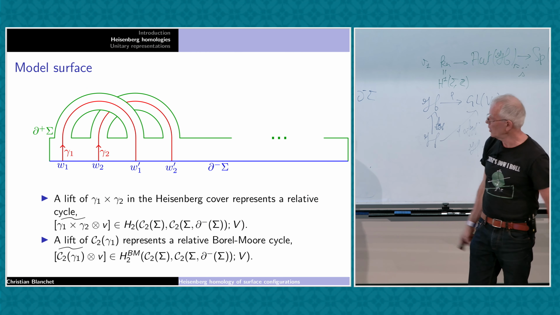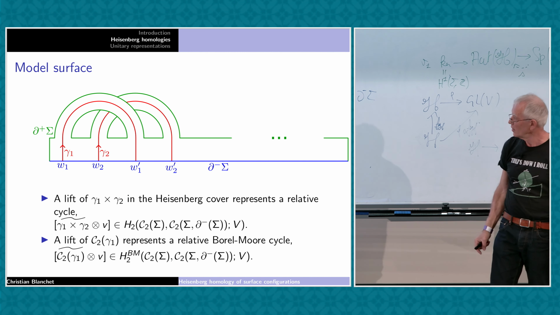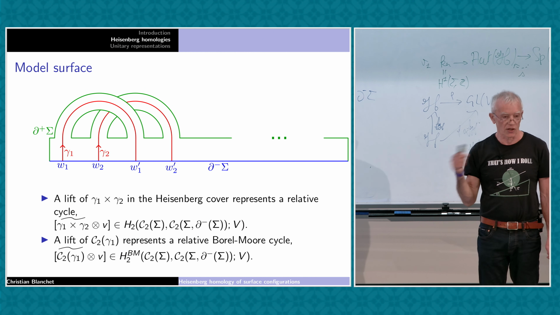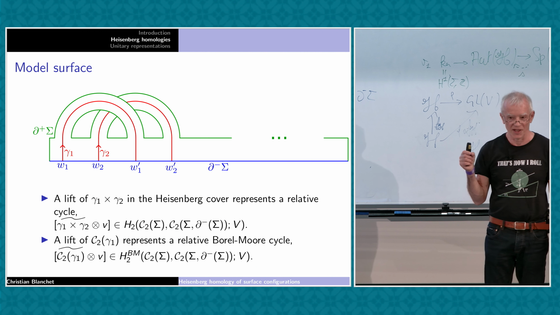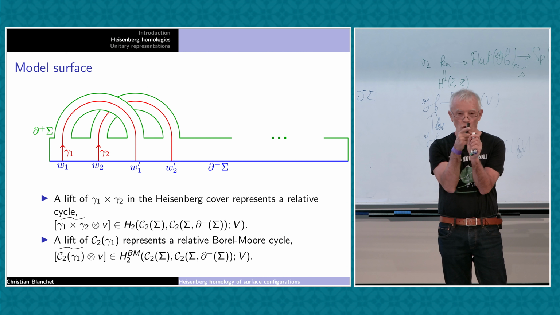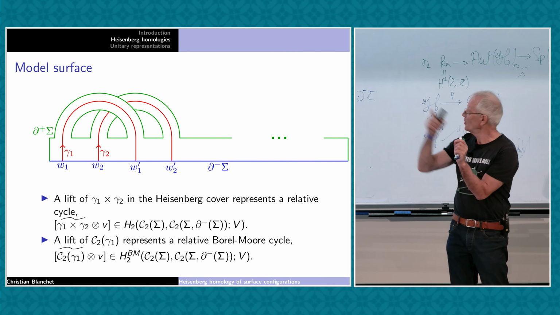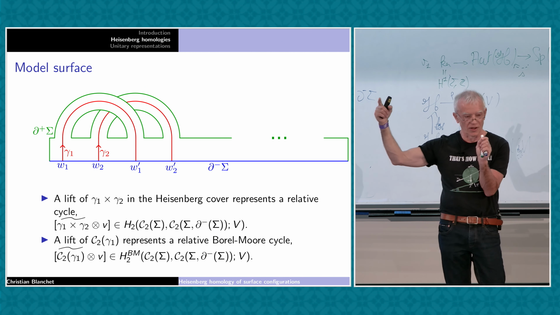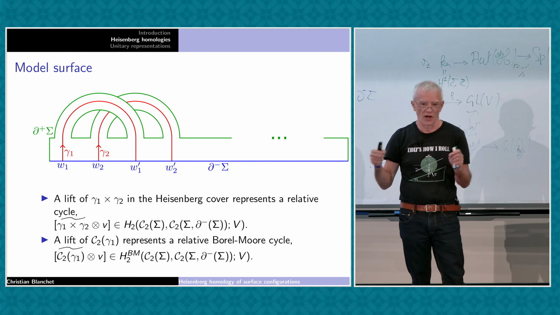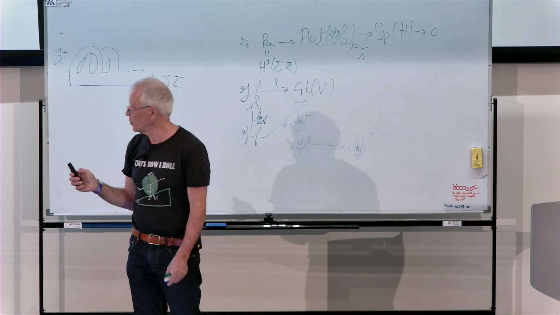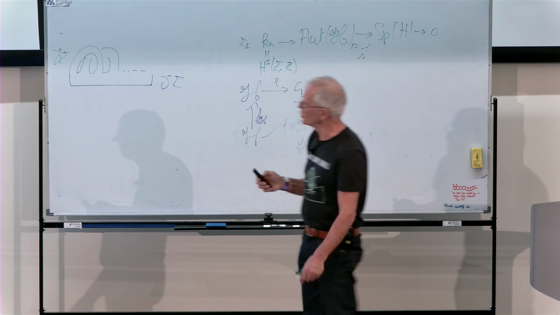But if I'm working in Borel-Moore homology, this will still represent a 2 cycle in the Borel-Moore homology. And so the next result will be, if I take my n and take all partitions of n in 2g parts, I will get a nice collection of cycles, and the theorem is that they represent a basis. Okay, so this is the theorem.